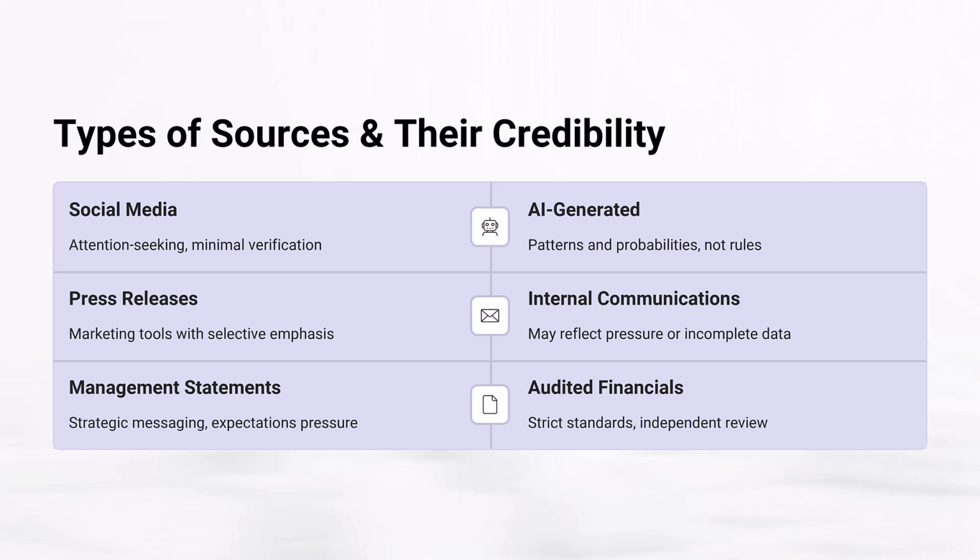Press releases are marketing tools with selective emphasis, highlighting strengths while minimizing weaknesses. Internal communications may reflect organizational pressure or incomplete data. Management statements often involve strategic messaging and pressure to meet expectations. At the high end, audited financial statements follow strict standards with independent review, making them the most reliable source.